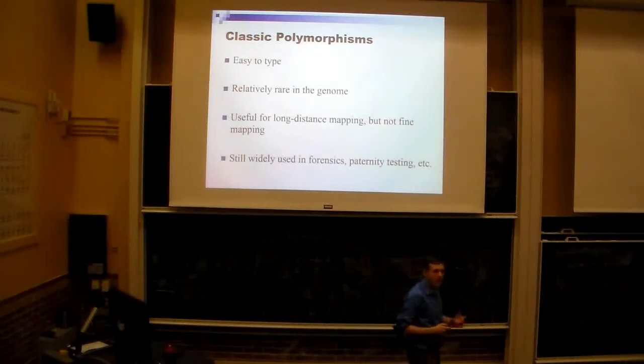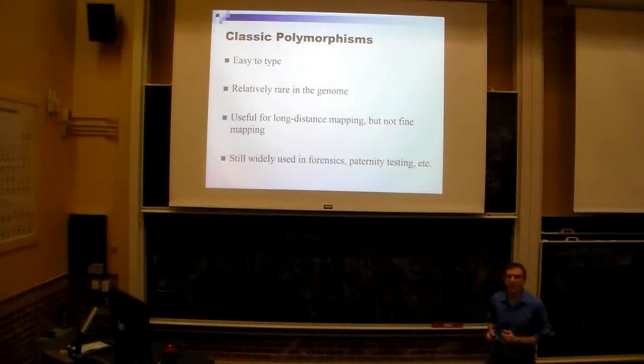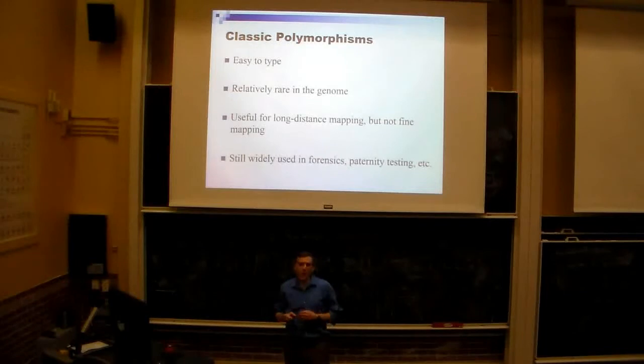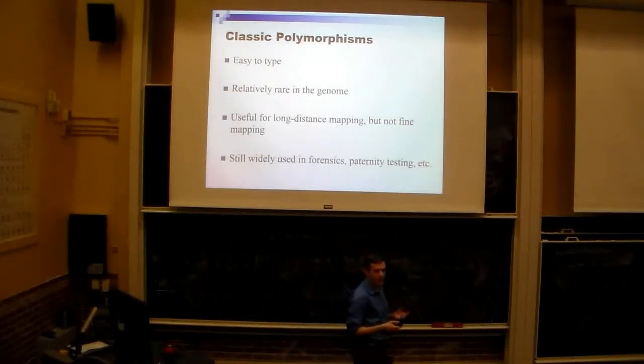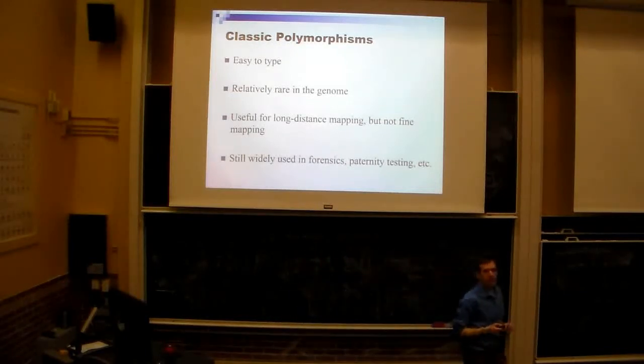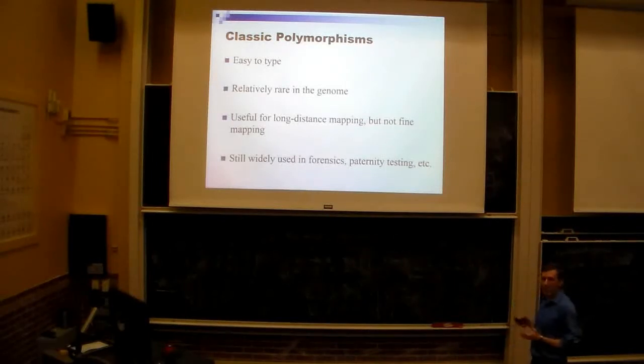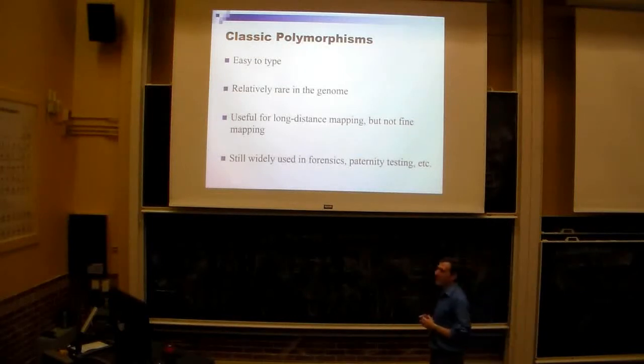For RFLPs, obviously it matters which restriction enzymes you're considering and how common they are in the genome, but more or less you can get some basic estimates based on how often you see that particular restriction site and how often you'd expect to see mutations in it, and basically you're talking about megabase distances between these typically. Likewise, with microsatellites, you're talking about, on average, millions of bases between these, so megabase distances.